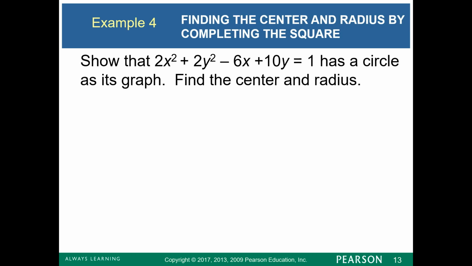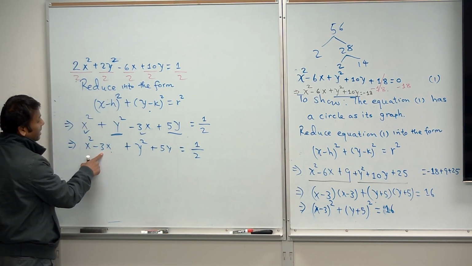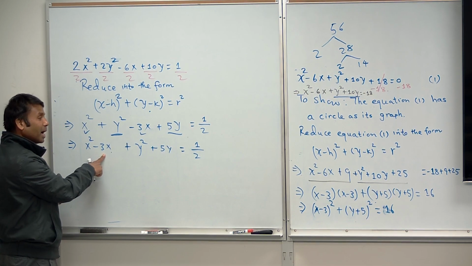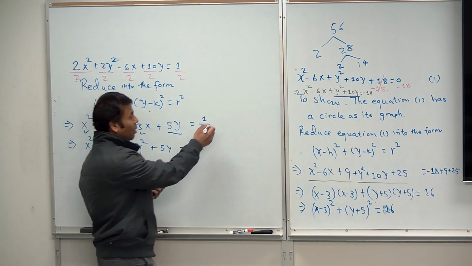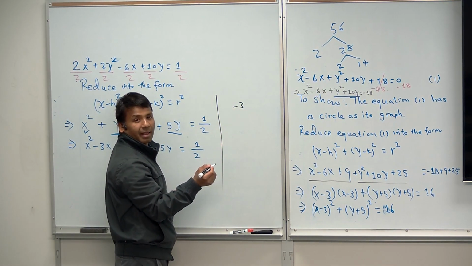Then use the completing the square method, right? So now, what is the coefficient of x here? What is half of negative 3? 1.5, which is negative 3/2, right? Are you with me? Coefficient of x is negative 3.